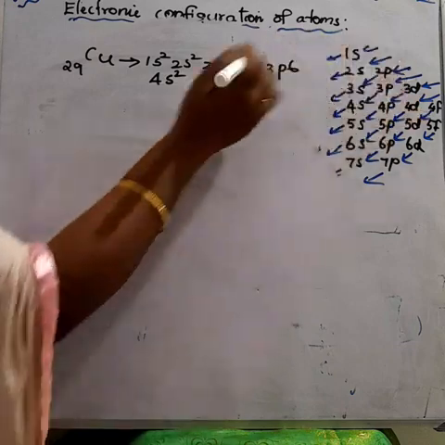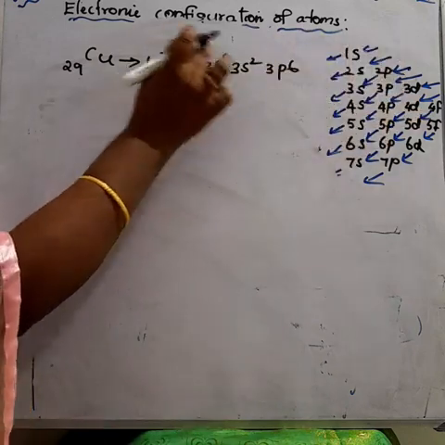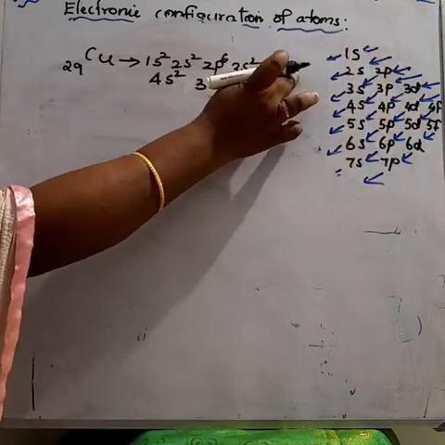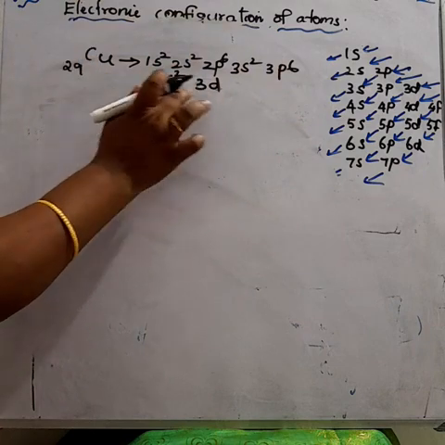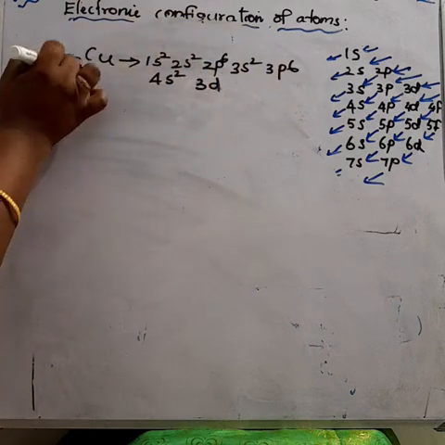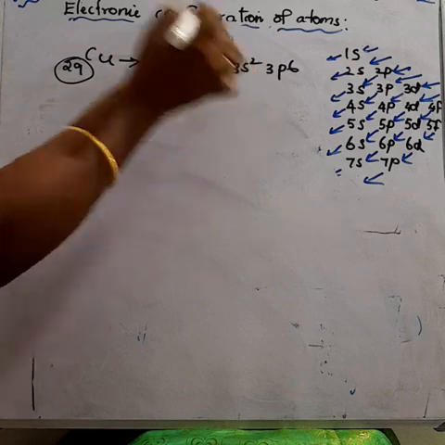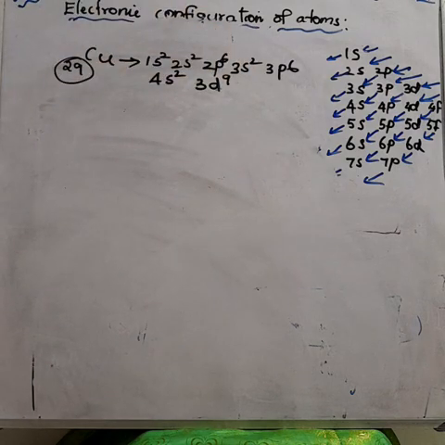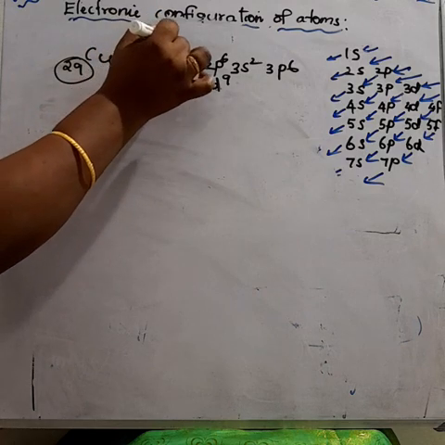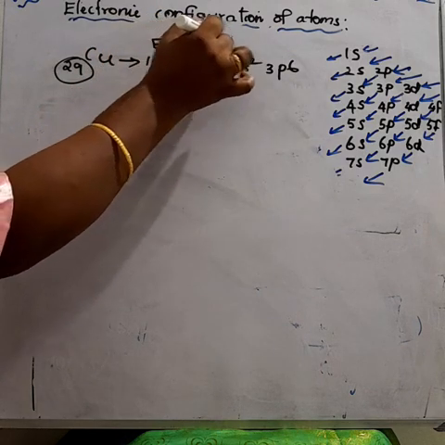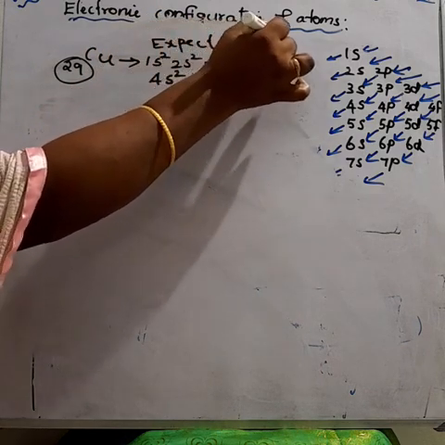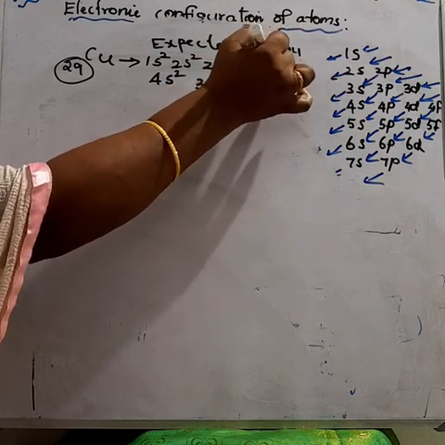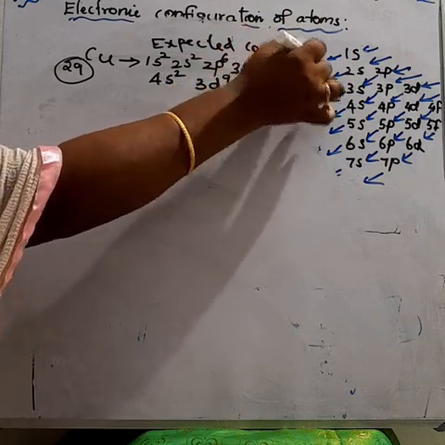How many? 2 plus 2 is 4, 4 plus 6 is 10, 10 plus 2 is 12, 12 plus 6 is 18, 18 plus 2 is 20, and then 9 electrons we need. So 3d9. This is the expected configuration according to the aufbau principle.